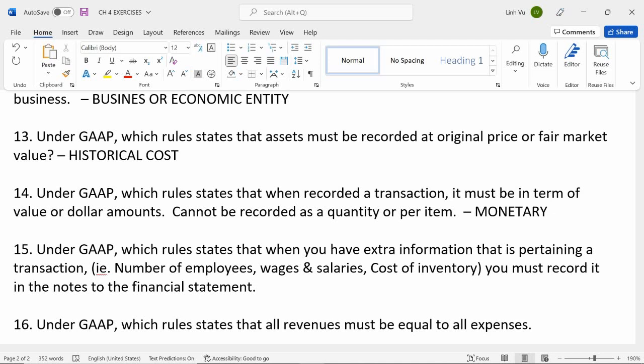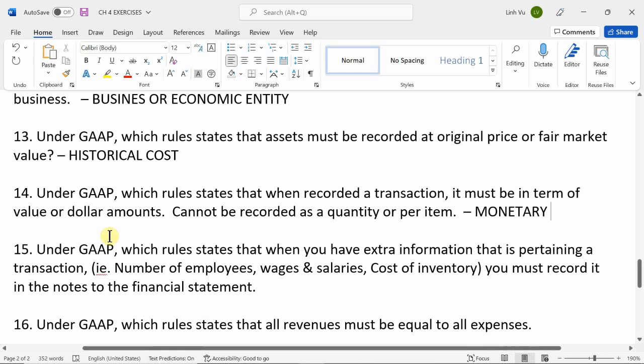Monetary unit says you need to choose some kind of currency, and a stable currency would reflect your money. I just need you to identify that it's the monetary assumption. That's it.